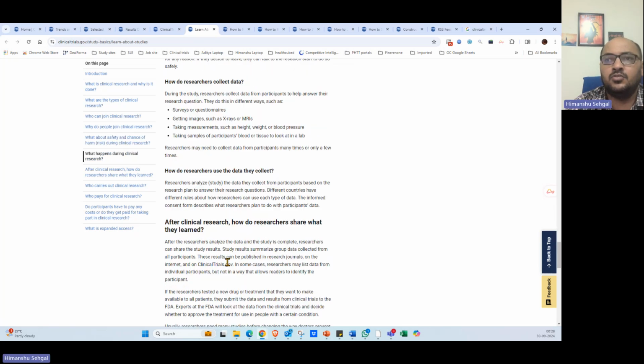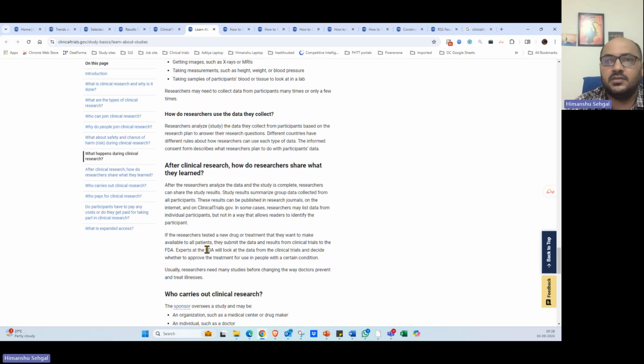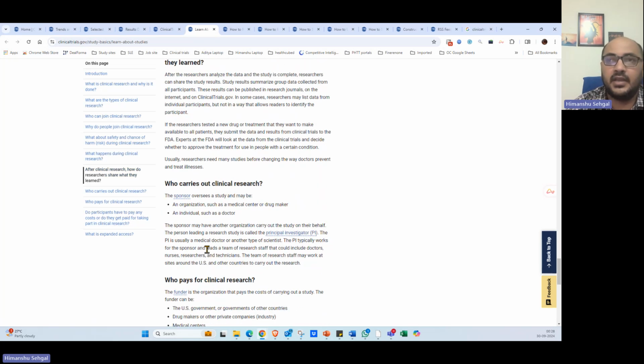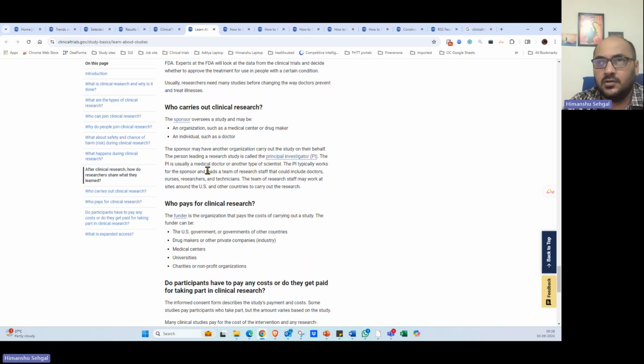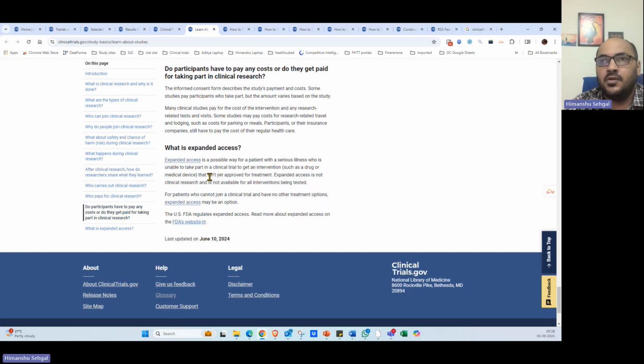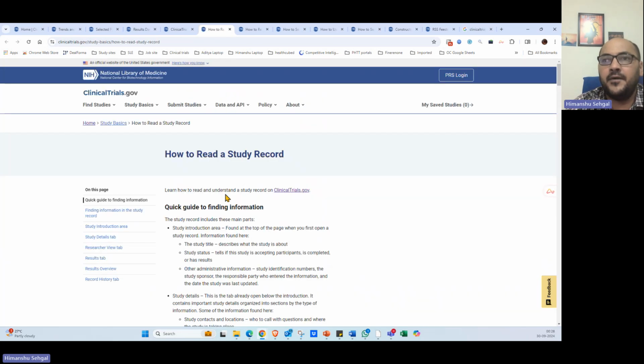In terms of data, what data points can be collected, who carries it out, what is expanded access. So yeah, definitions.